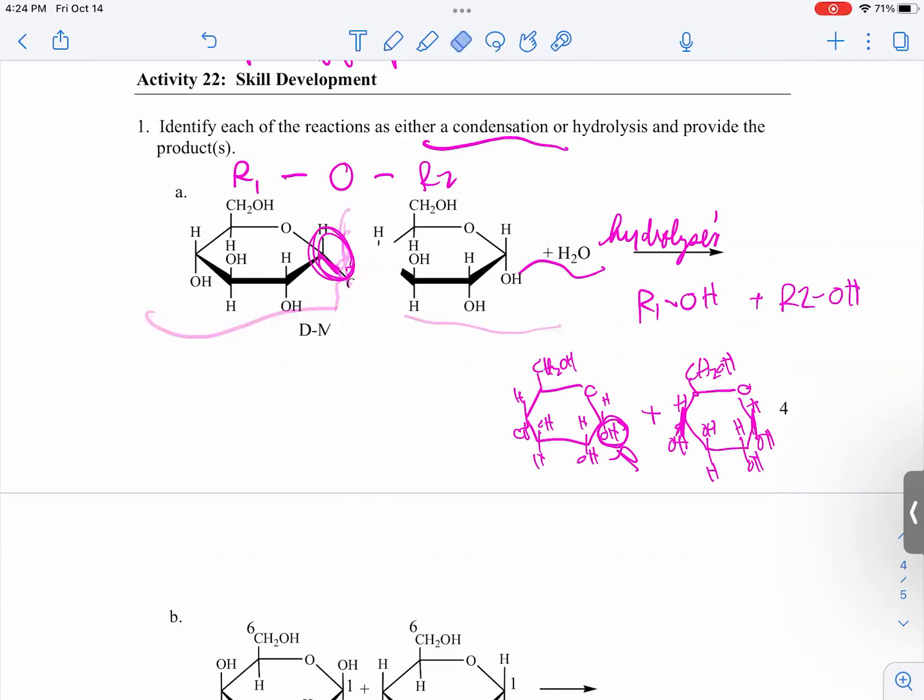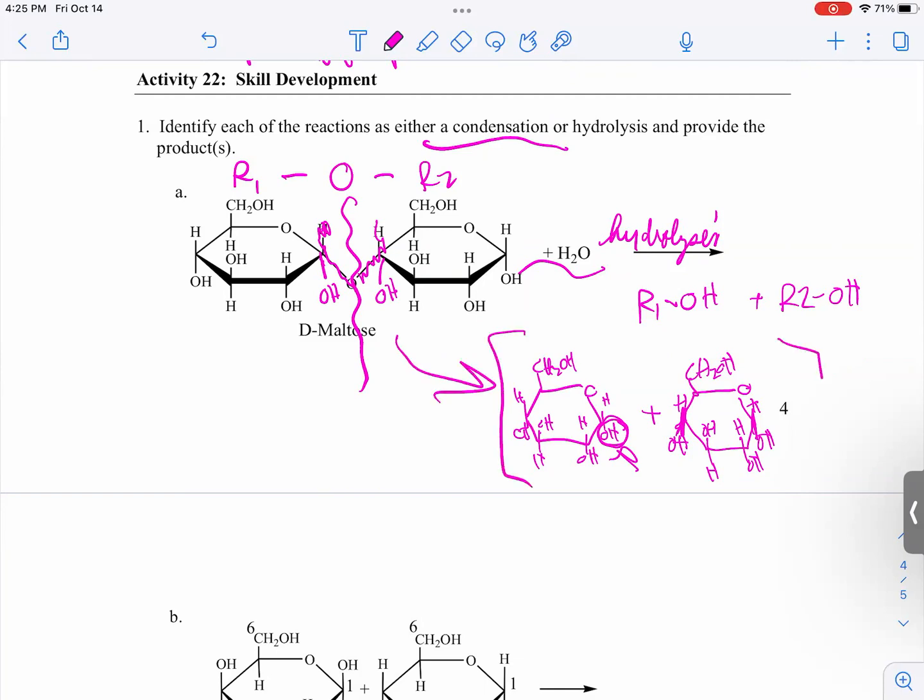Right? I'm just going to do this. So this seems to be what gives people problems. So this is just going to split up, and you're just going to have, instead of this and this, you're going to have this. That's it. That's all that's really happening, okay? That's your answer.